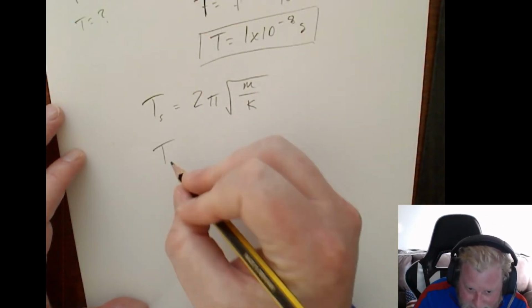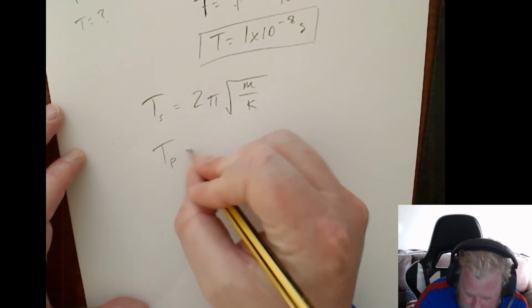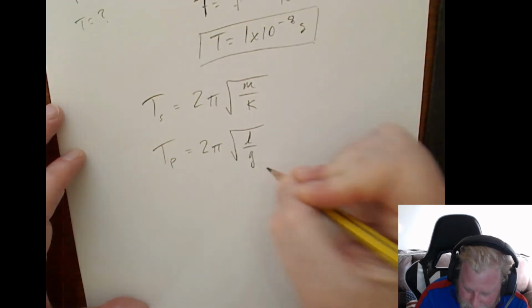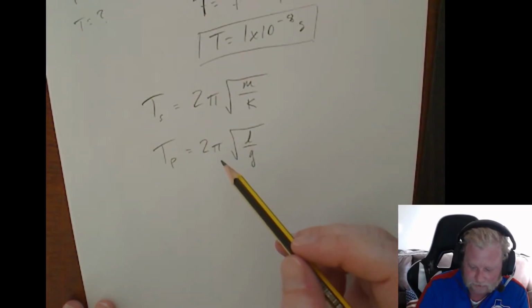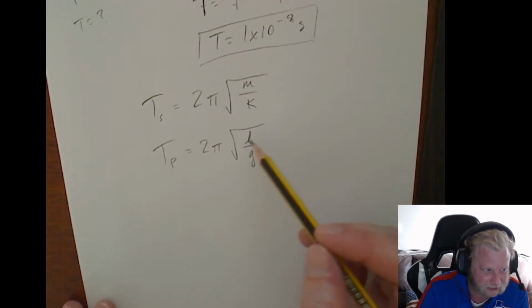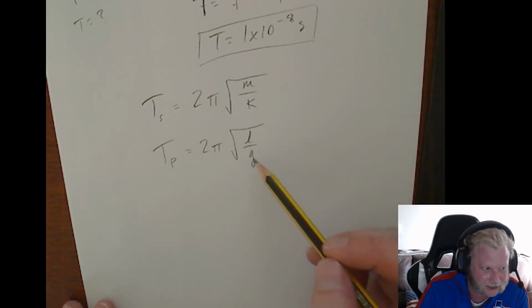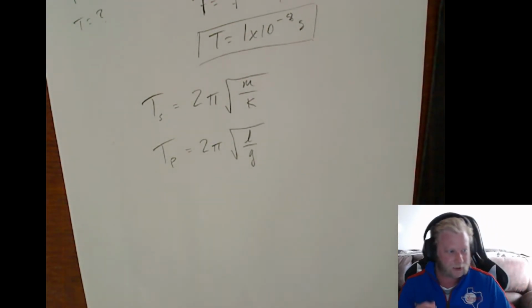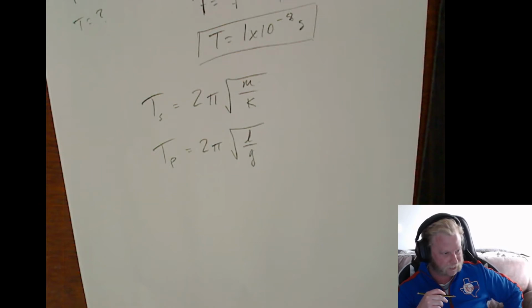Whereas if we're looking at a pendulum, it's 2 pi times the square root of length over g. So the period of your pendulum depends on the length of the string itself and the acceleration due to gravity. Now notice the mass of the bob and the angle of drop don't matter when we're talking about the period of a pendulum, right?